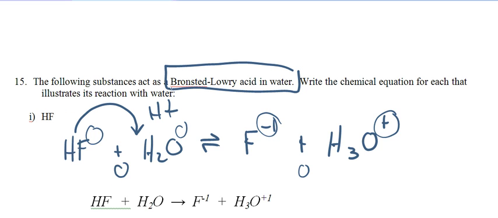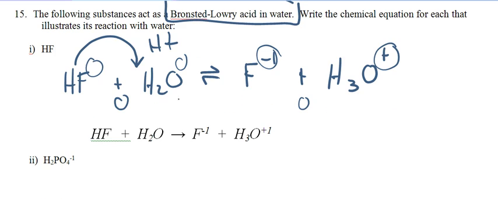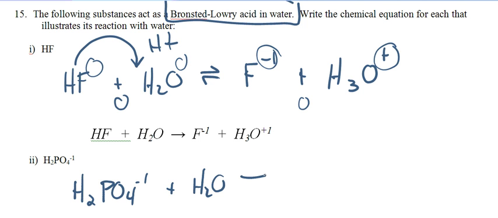Okay, H2PO4 with a -1 charge. Again, reacting it with water. This is acting as an acid, so it's going to give its hydrogen away. So it should have one less hydrogen. Since there's a -1 charge here, what should the charge on HPO4 be?